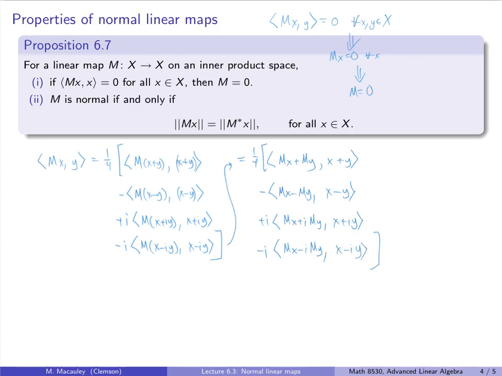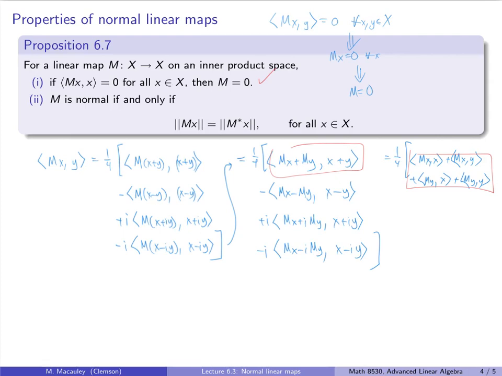So at this point, it's believable that this is going to equal that. And again, there's nothing really too deep to check other than that this is Mx dot x plus Mx dot y plus My dot x plus My dot y. That is this first thing here, and then I could just go through all this, but I don't think it's worth doing. I'm just going to say check it yourself. Nothing too deep.